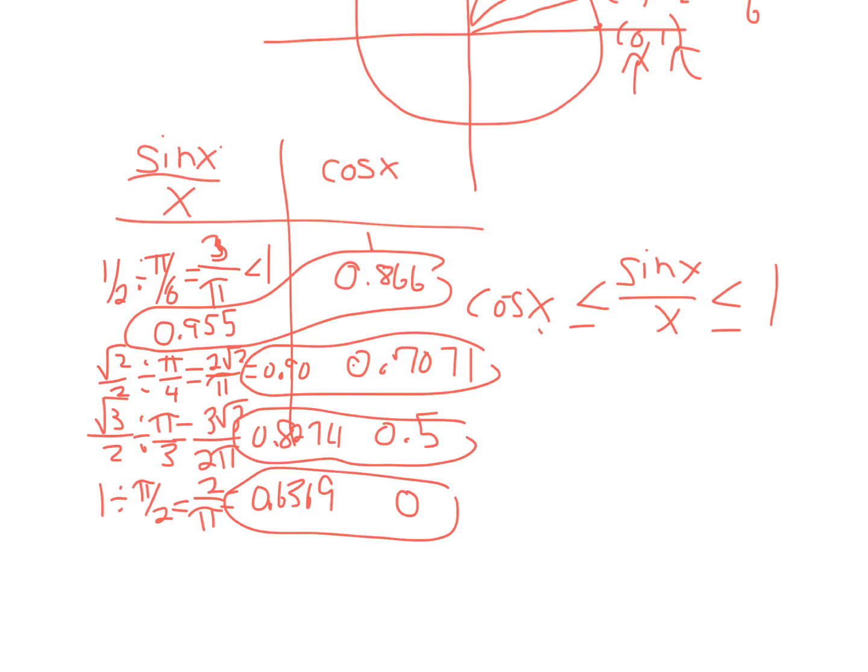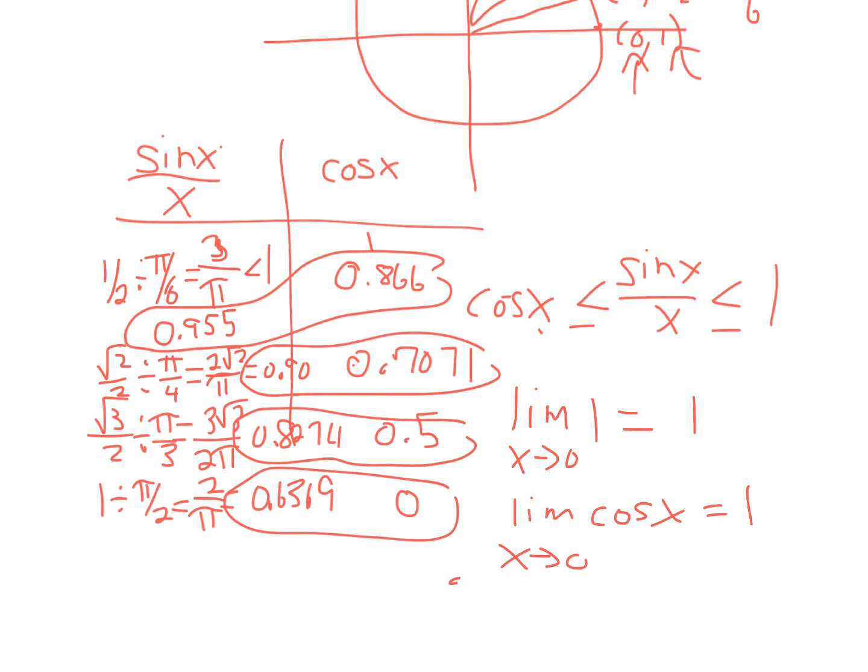So, sorry, I got interrupted there, so I'm just coming back to this. So all we need to do, obviously, the limit as x approaches 0 of 1 is just going to be 1, and the limit as x approaches 0 of cos x is also 1, because at 0 degrees cosine is at its maximum.